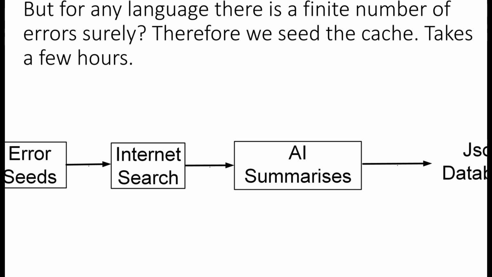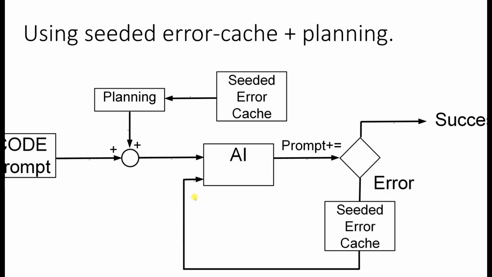So typically this took a couple of hours to go through God knows how many libraries, and I thought it was never going to end, but I eventually ended up with a rather nice database, and it was detailed as well. It wasn't just a couple of lines, it was paragraphs of information, meaning that in future I don't need to do the internet search.